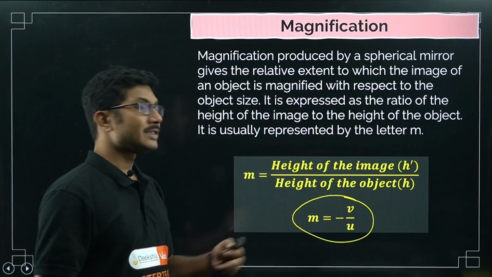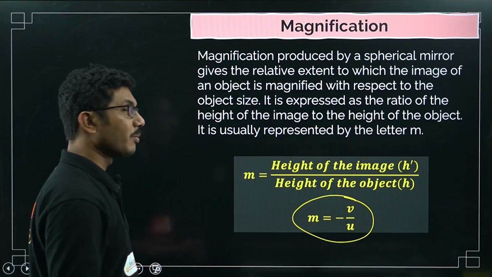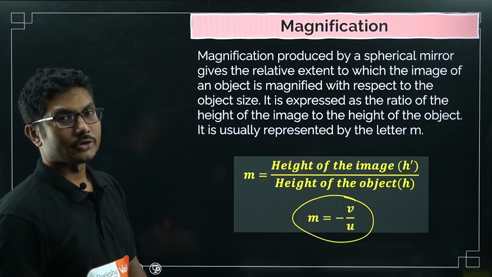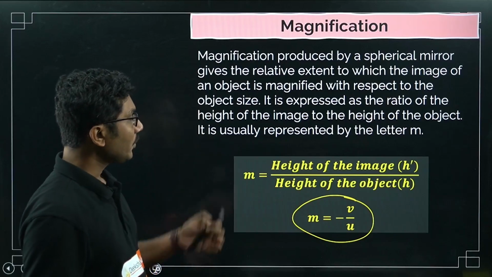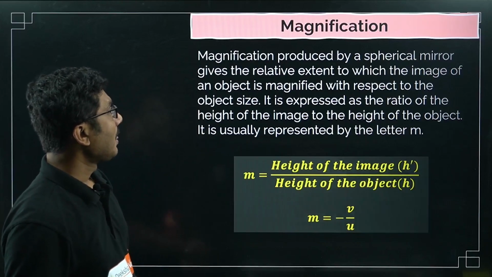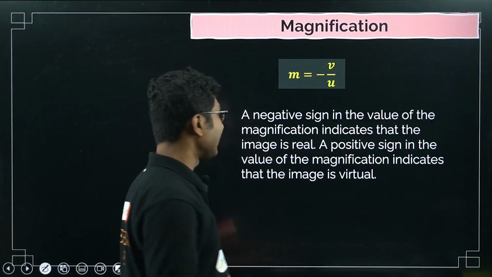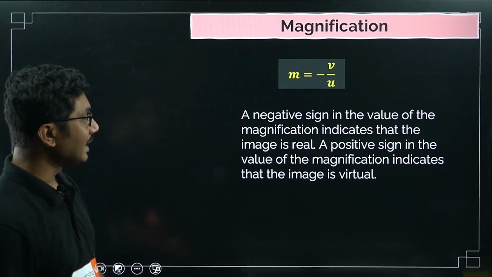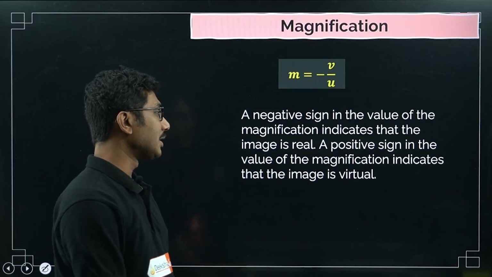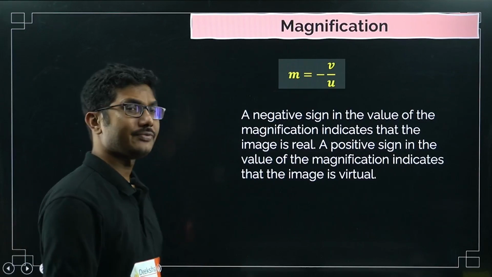For real images m is negative, for virtual images m is positive. So a negative sign of the magnification indicates that the image is real, and a positive sign indicates that the image is virtual.